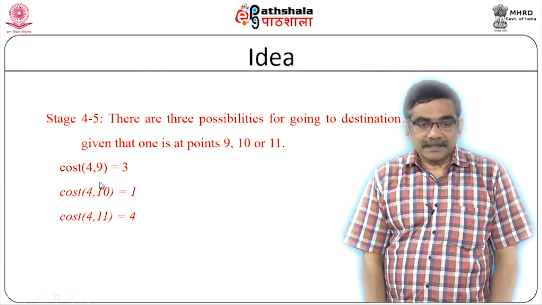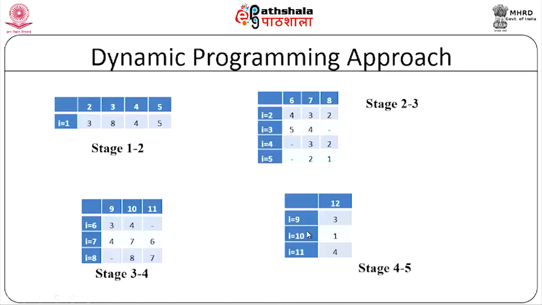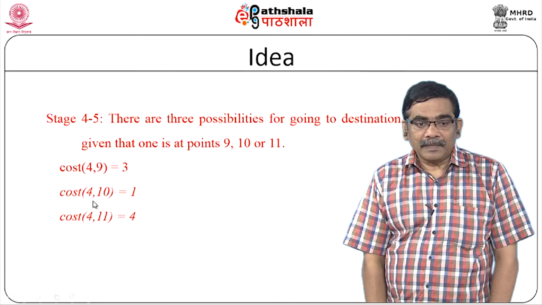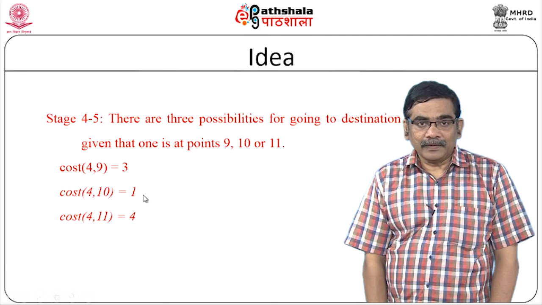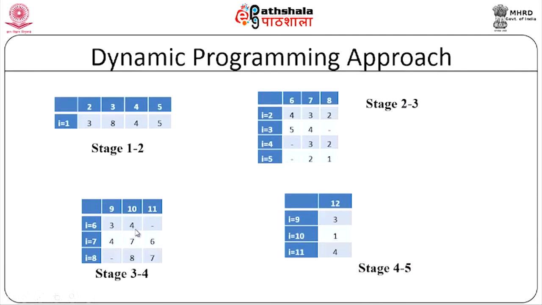So, your cost is given in the previous table. So, stage 4, the cost between 9 and 12 is 3, and 4 comma 10 is going to be 1, and 4 comma 11 is 4.